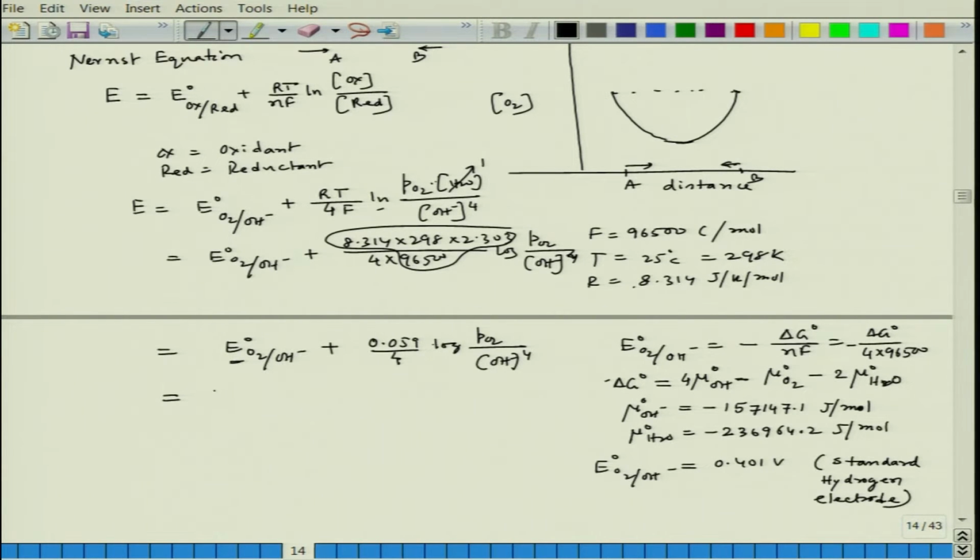So now you put that value, 0.401. I am not getting into this because this has been analyzed in detail in corrosion part 1, plus 0.059 by 4 log PO2 minus 0.059 by 4 log OH minus to the power 4.